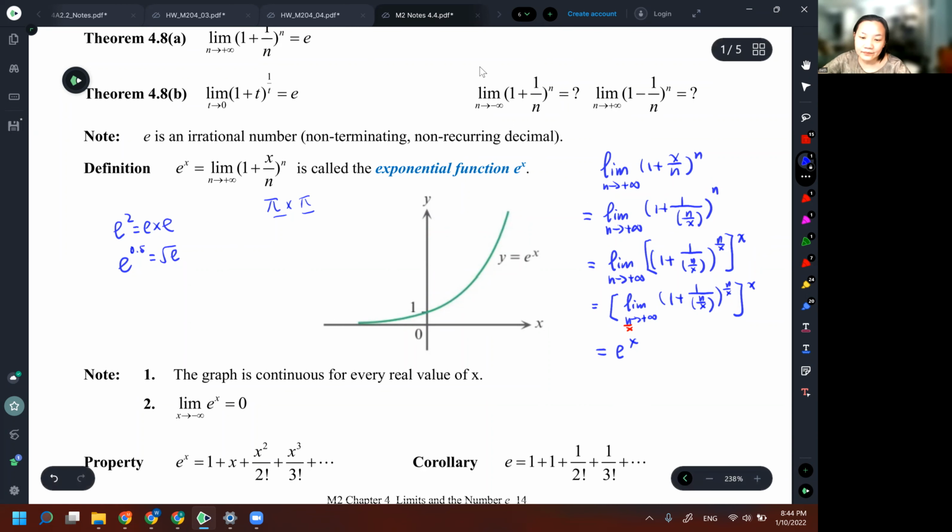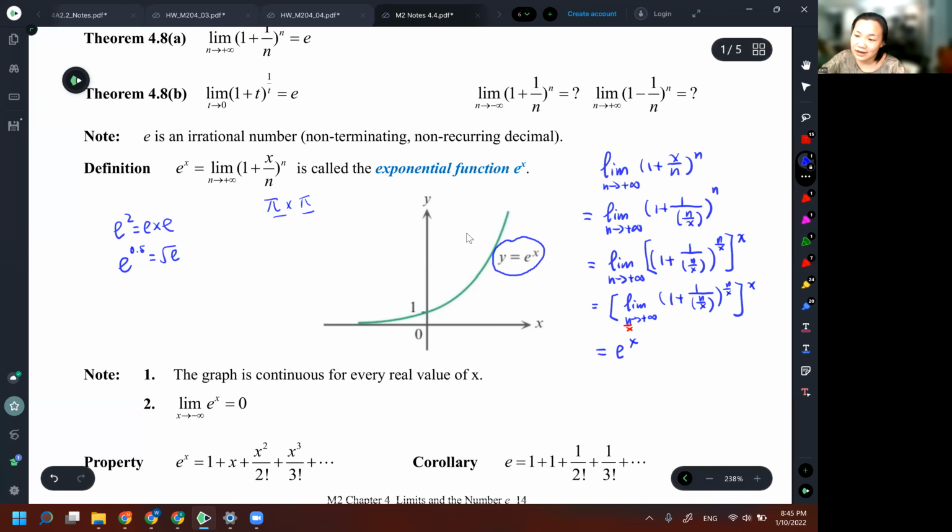Now, e to the power x, this is a function. You should just treat this function as any other exponential function. What do I mean? I mean 2 to the power x, I mean 3 to the power x. You see the graph is very similar. Now this is increasing because e is greater than 1. So you can only see increasing, you don't see decreasing because e is not between 0 and 1.